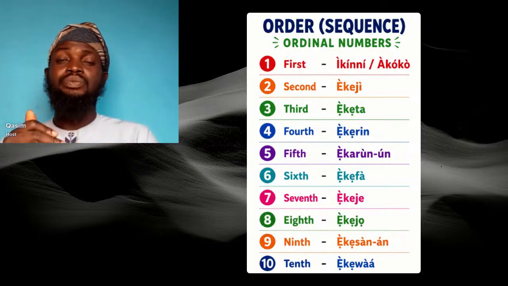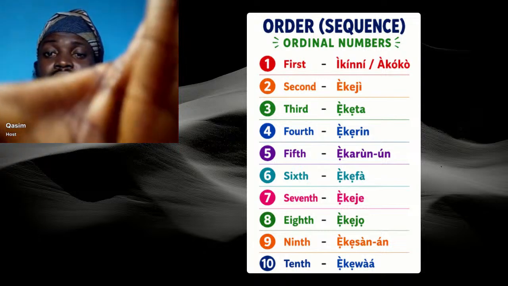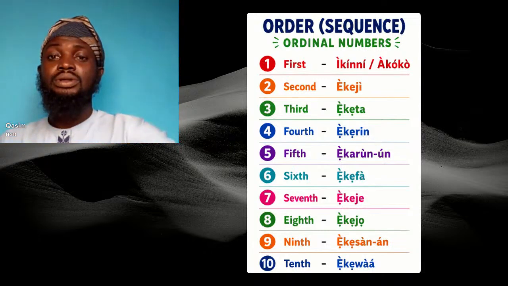This is how we use numbers in sequence in Yoruba. So ìkíní, èkejì, ẹ̀kẹta, ẹ̀kẹrin, ẹ̀karùn-ún, ẹ̀kẹfà, èkeje, ẹ̀kẹjọ, ẹ̀kẹsàn, àti ẹ̀kẹwàá.